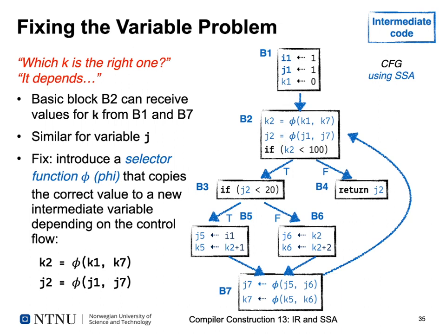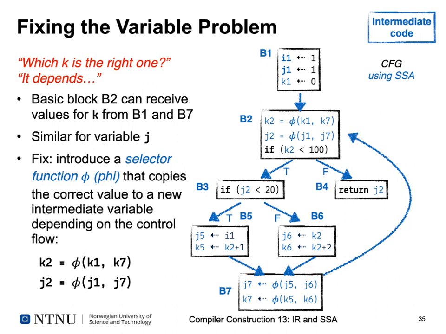So we introduce a selector function in all places where control flows converge. Either we converge down here after our if statement, or we converge at the start of our loop, because we can come from instructions before the loop, or we can come out of our loop back again to the start.